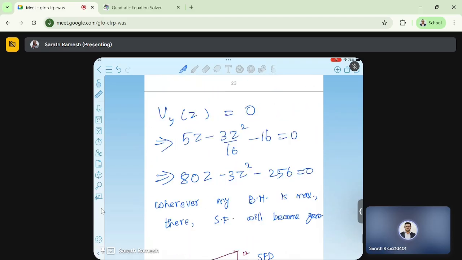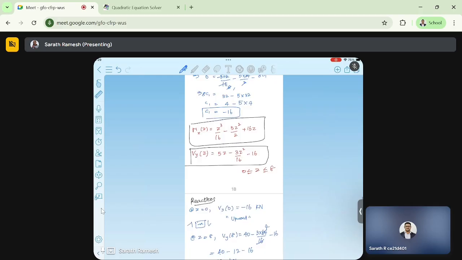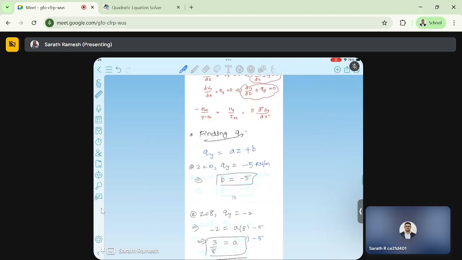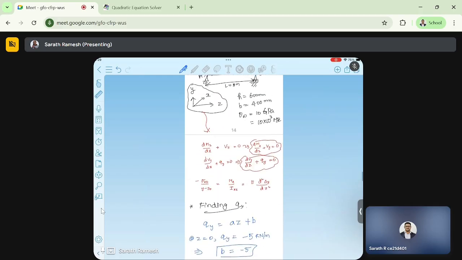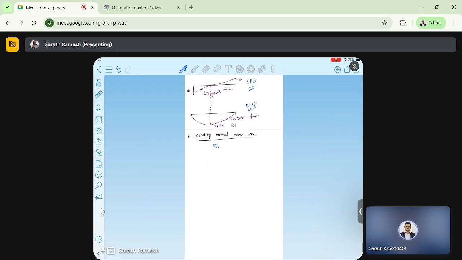Sigma xx equals M by I times y minus y naught. Y naught is 0. So this is equal to M by I times y.